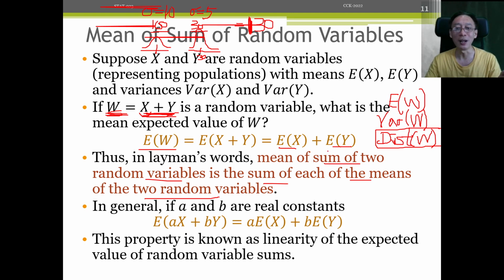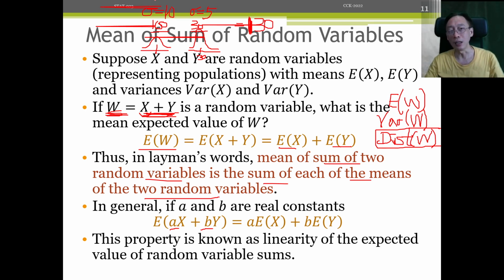I think this part is not so difficult to understand, but let's just know it for a fact that it is true. What is perhaps more interesting is the weighted sum of two random variables. So if you have A and B, let's say they are positive, then that means if I stretch this, right? If A is 5, I magnify it 5 times.